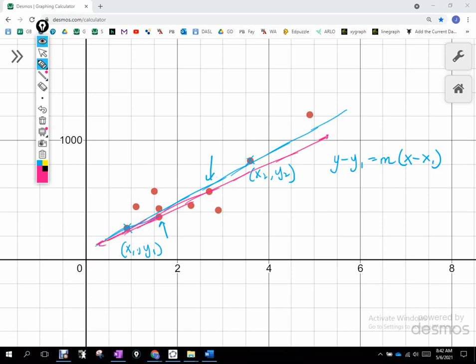Slope's relatively probably the same, right? Y-intercepts are probably a little bit different, but if I go out to here you can see how, as we go on to larger and larger x values, the distance between these two is going to diverge. So one is going to maybe be a better estimate than the other. Does that make sense? And then your neighbor could come up with another one. Okay, your other neighbor could come up with a third one.